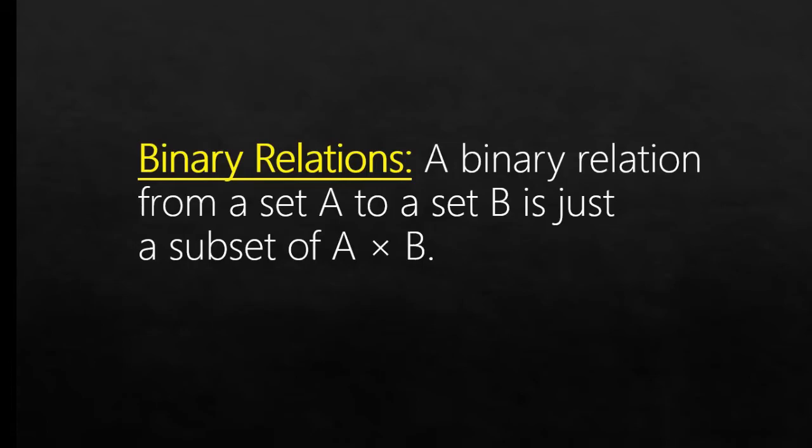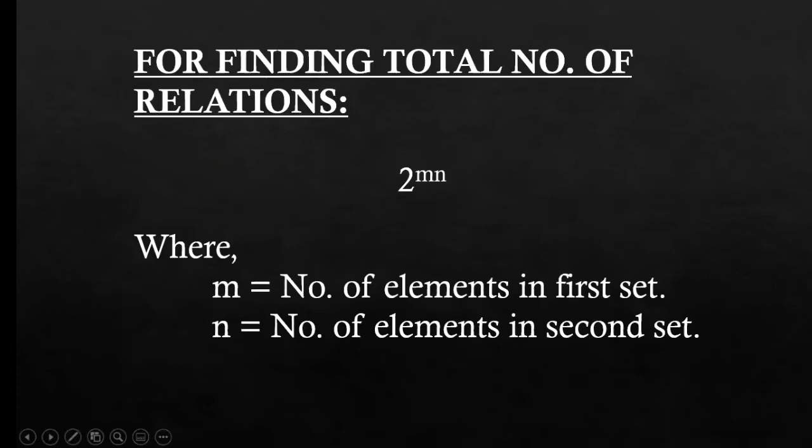Now there is a formula which would tell you how many relations are going to be made through A cross B or B cross A, the Cartesian product. The formula says 2 raised to the power mn, where m is the number of elements in the first set and n is the number of elements in the second set.